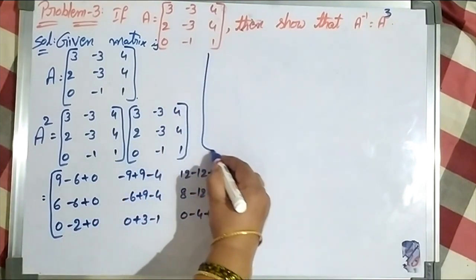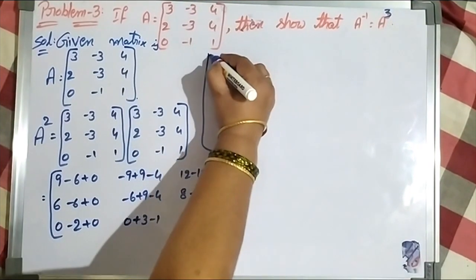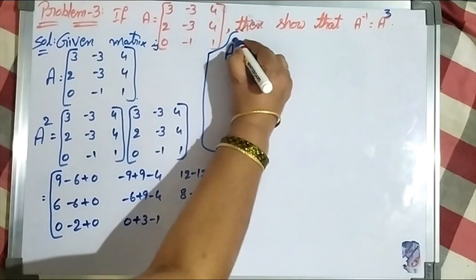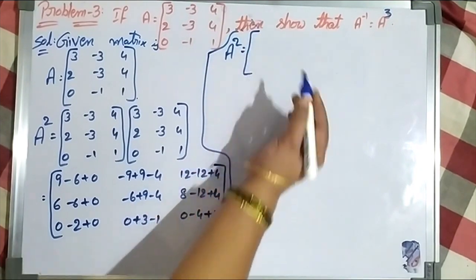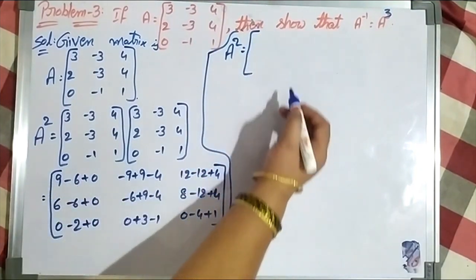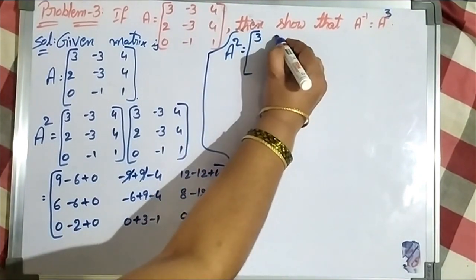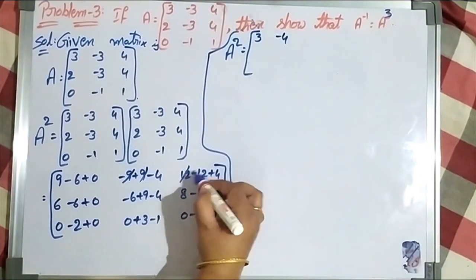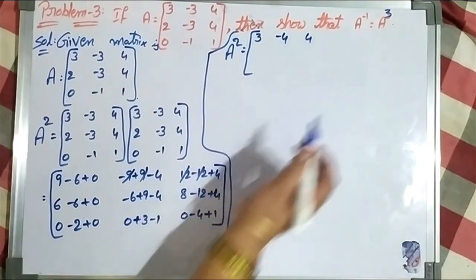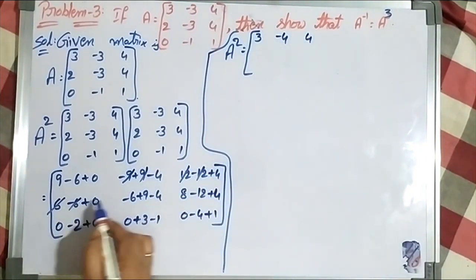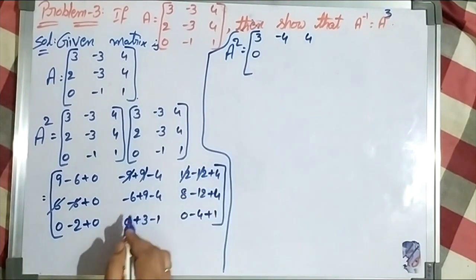Then A square equals 9 minus 6, 3. Plus 9 minus 9 get cancelled, then minus 4. Plus 12 minus 12 get cancelled, plus 4. Plus 6 minus 6 get cancelled, then the value is 0.